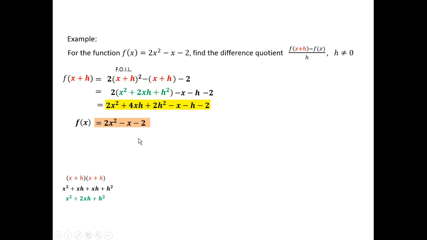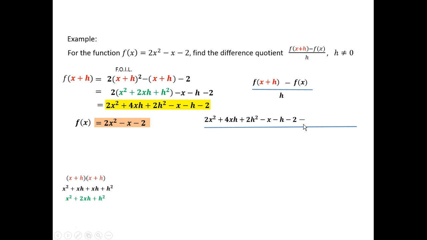Now I need to set up my difference quotient. F of x plus h minus f of x divided by h. Our f of x plus h is all of this that's in yellow, 2x squared plus 4xh plus 2h squared minus x minus h minus 2, minus, remember what I said about parentheses.